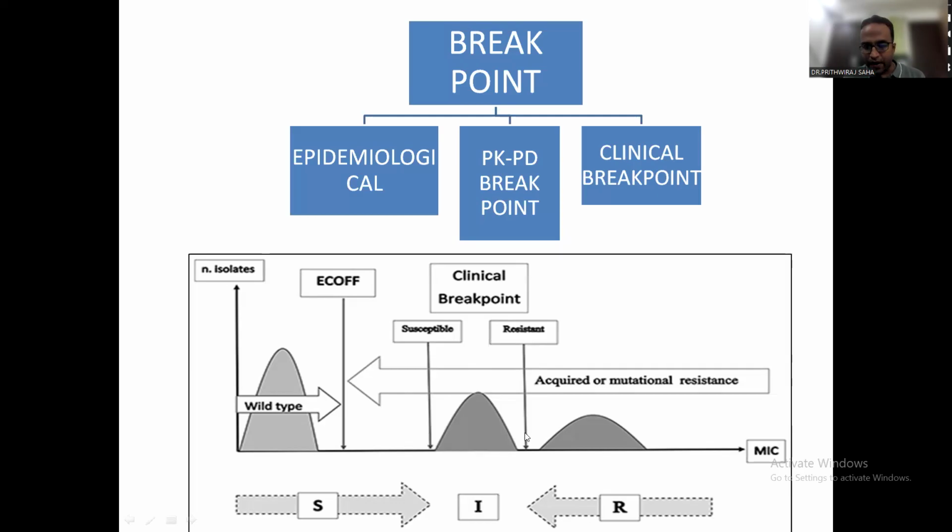So from here to here means some organisms with slight resistance are still susceptible to the antibiotic. So clinically the breakpoint line is this, but ecologically or epidemiologically, if we consider the slightest mutation as resistant, then the ecological breakpoint is this.